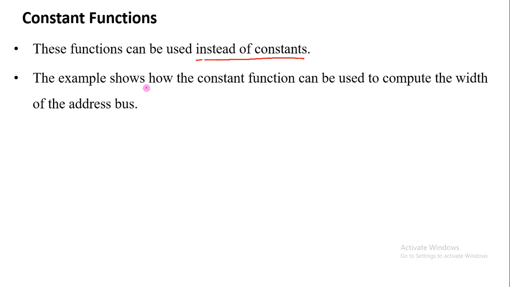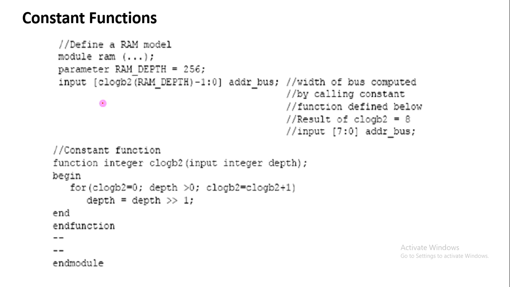The example shows how the constant function can be used to compute the width of the address bus. Here is the code. I hope the font is clear. Module RAM. We are constructing a random access memory model wherein I have used a parameter called RAM underscore depth equal to 256, meaning wherever RAM underscore depth appears, it will be replaced with 256.